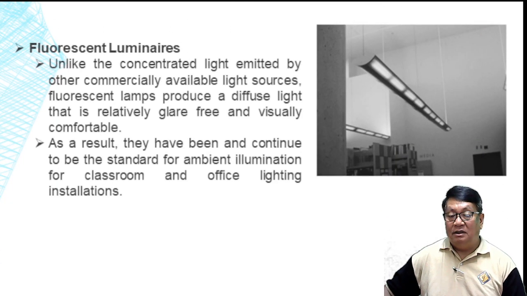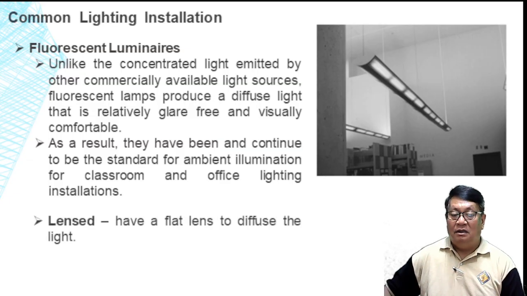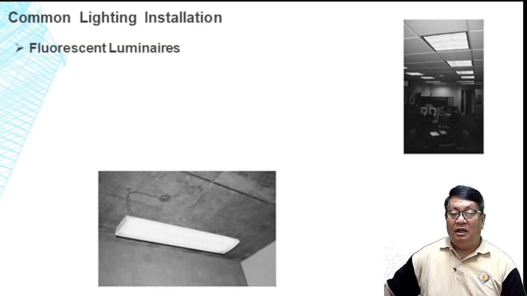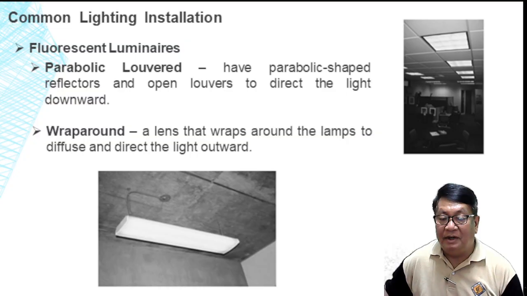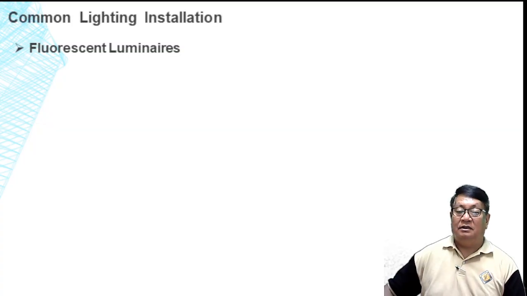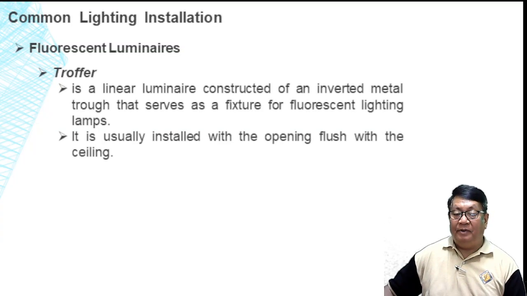Okay, what else? The fluorescent luminaires here, for example. Okay, so we have the lens also. So we have the fluorescent luminaires, parabolic louvered. So we have several types of fluorescent luminaires. Okay. What else? Do we have the troffer?